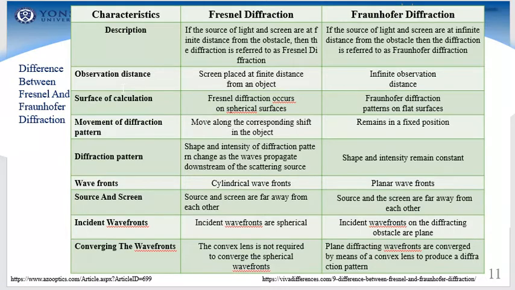For example, for Fresnel diffraction, a screen is placed at a finite distance from an object, but for Fraunhofer it is located at infinity. The surface of calculation for Fresnel is spherical, but for Fraunhofer it is a flat surface. The movement of the diffraction pattern for Fresnel aligns with the corresponding shift in the object, but for Fraunhofer the position is fixed.